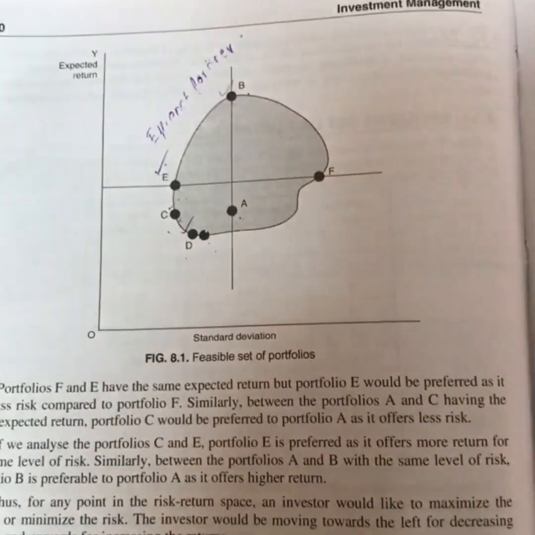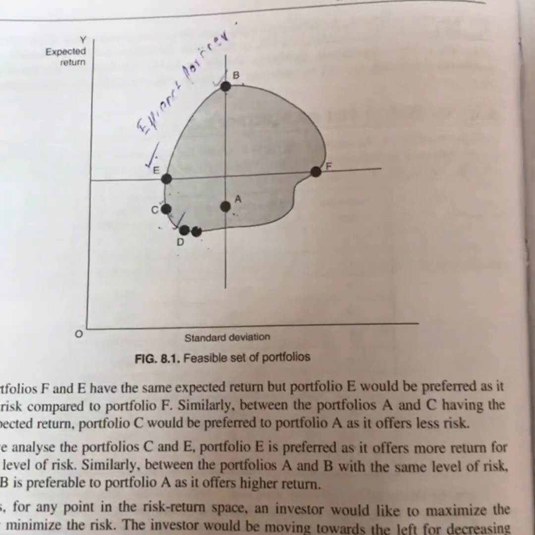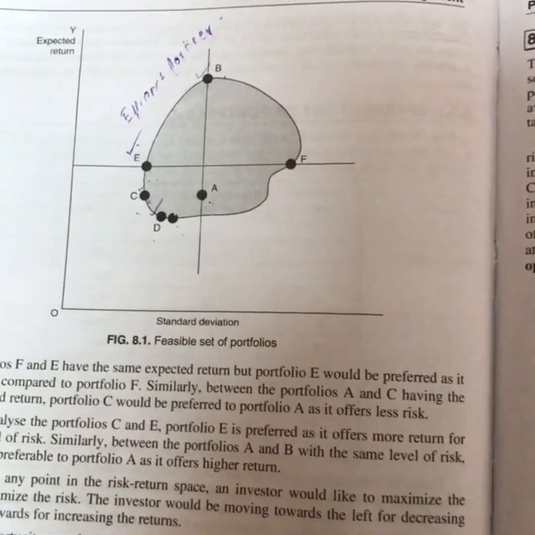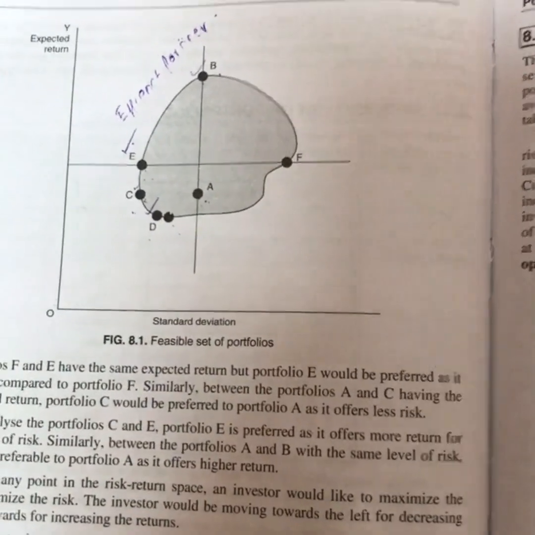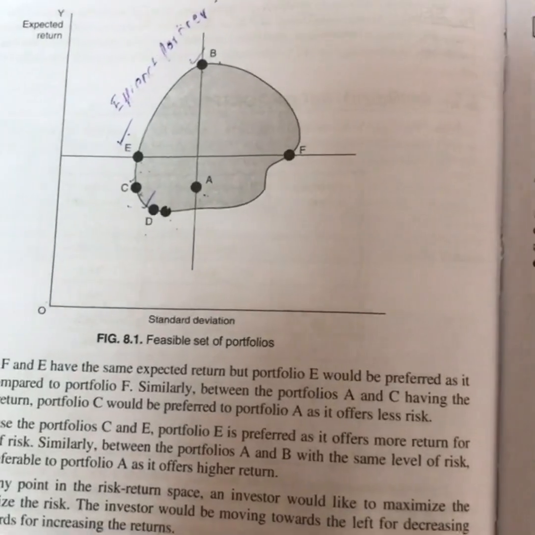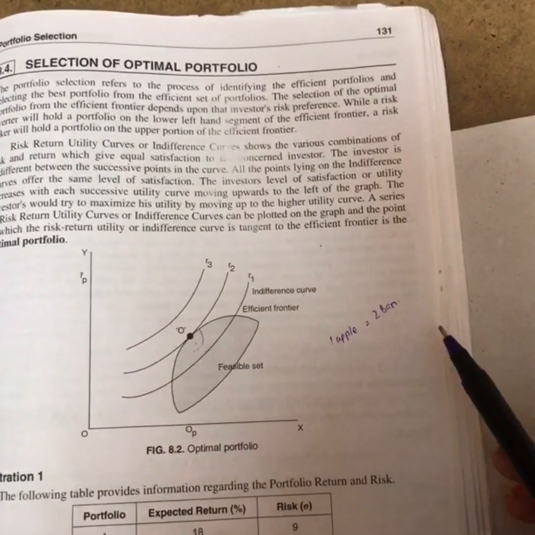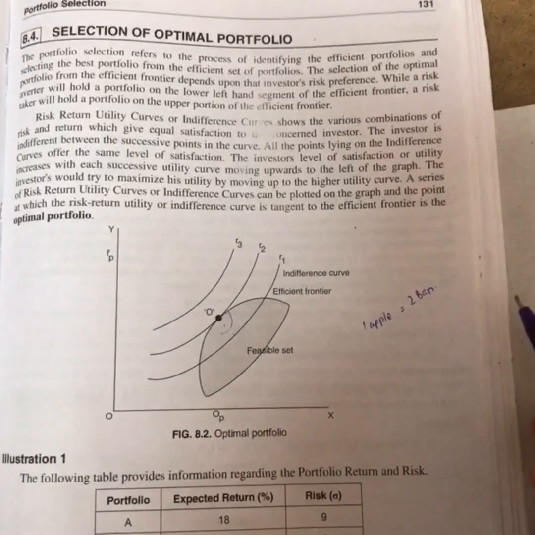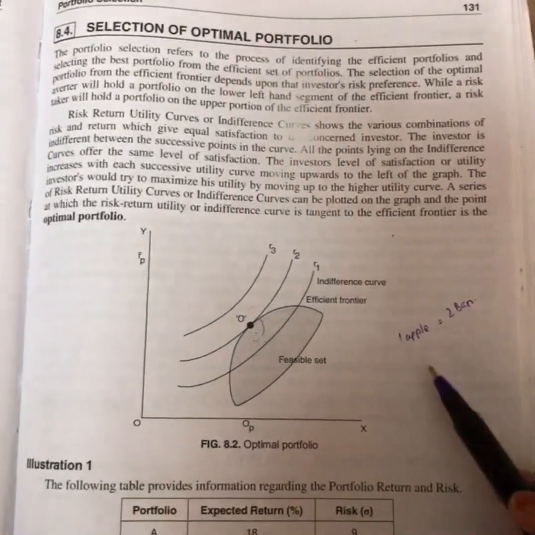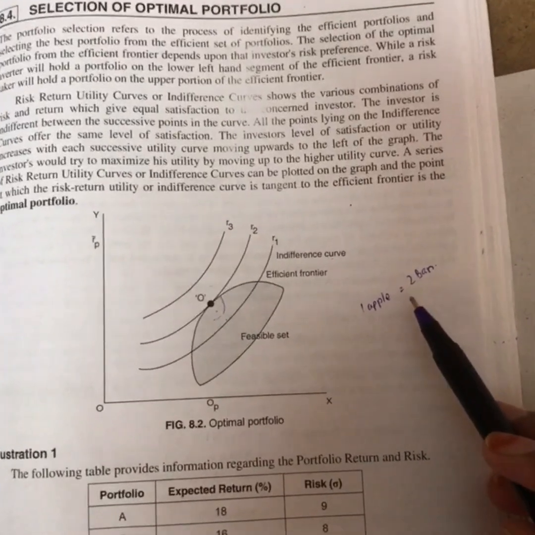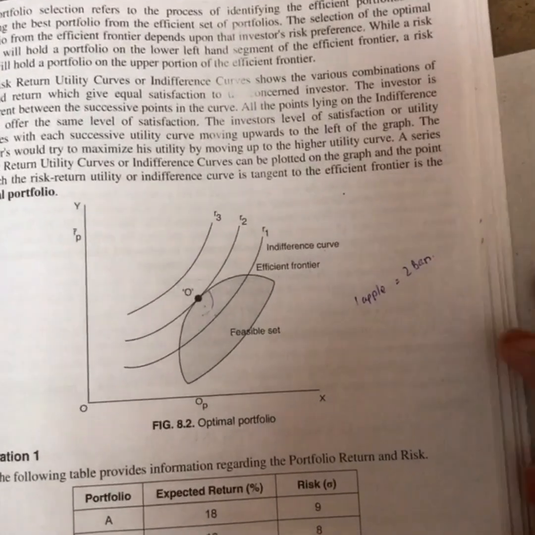The next step is selecting the optimal set of portfolios. For this we will study an economic concept, that is nothing but the indifference curve. Indifference curve is, for example, one apple will give me equal satisfaction as two bananas.